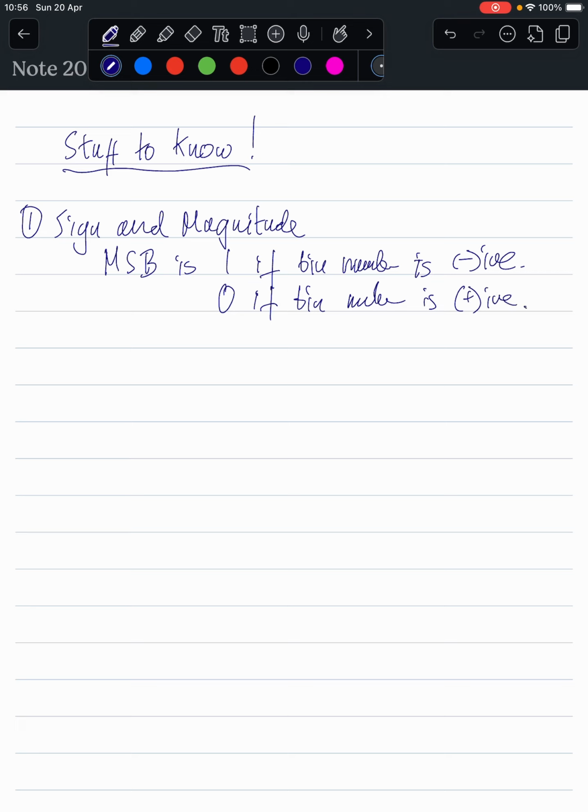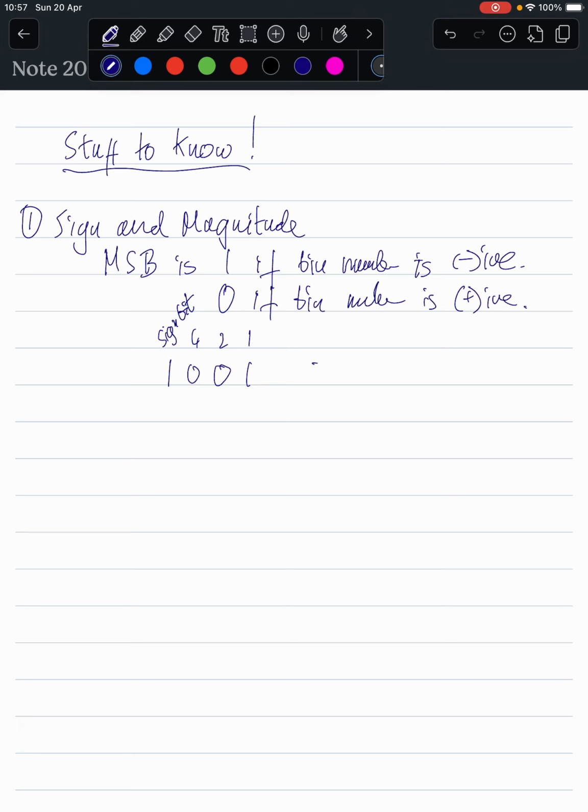Excuse my poor handwriting. Okay, so let's do an example. If we had 1, 0, 0, 1, our column headings would be 1, 2, 4. Now, the most significant bit is the sign bit. It's not worth 8, it's just called the sign bit.